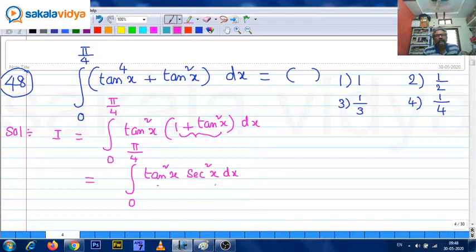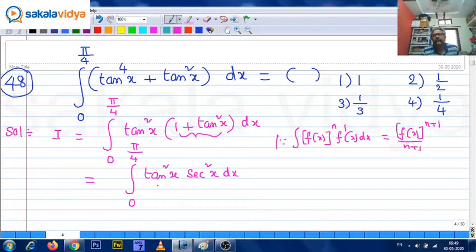Now the derivative of tan x is secant square x. Now we have the formula: integral of f of x to the power of n into f dash x dx equals f of x to the power of n plus 1 by n plus 1, plus c.